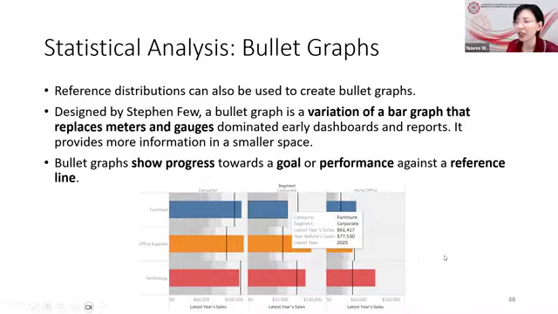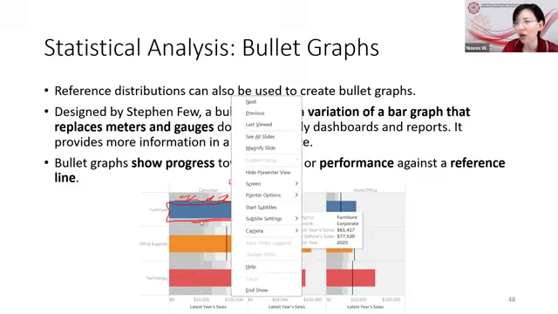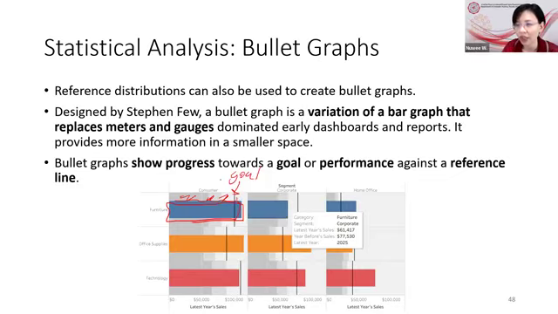So it's not an unusual bar graph, but a bar graph with some shades to tell you the progress towards this reference line, which is the goal. The goal will be the reference line, and the shade will tell you whether our exact number has reached the goal or not, or if it has not reached the goal, is it 60% or 80%?